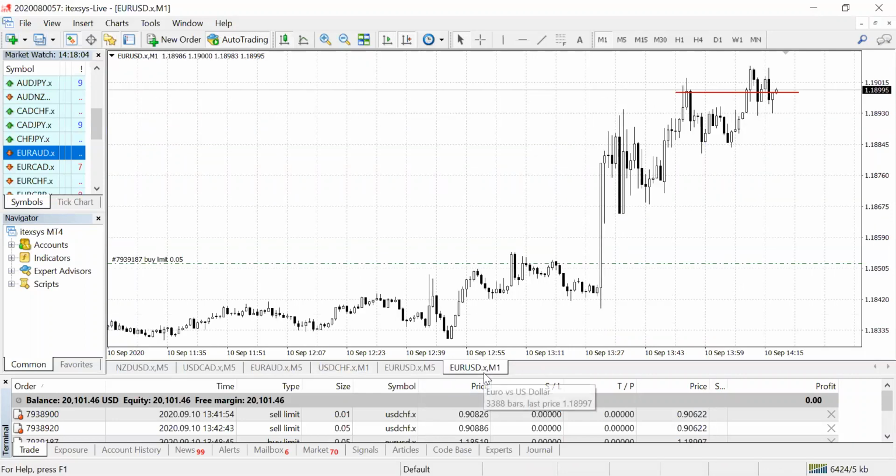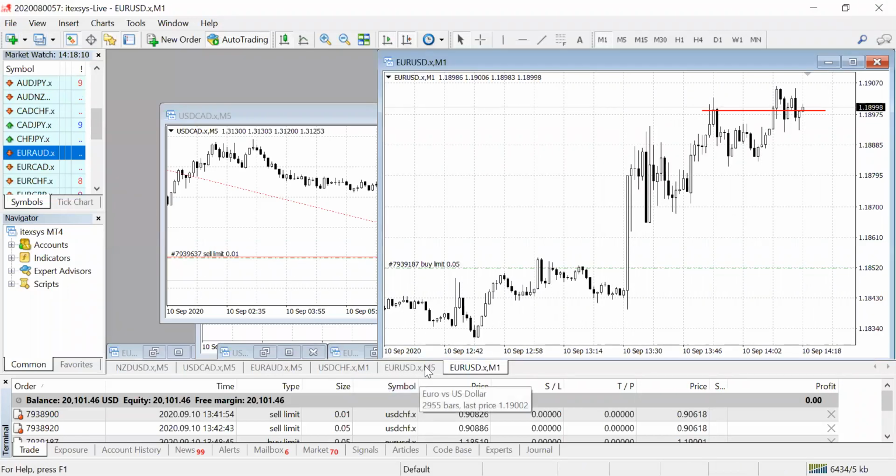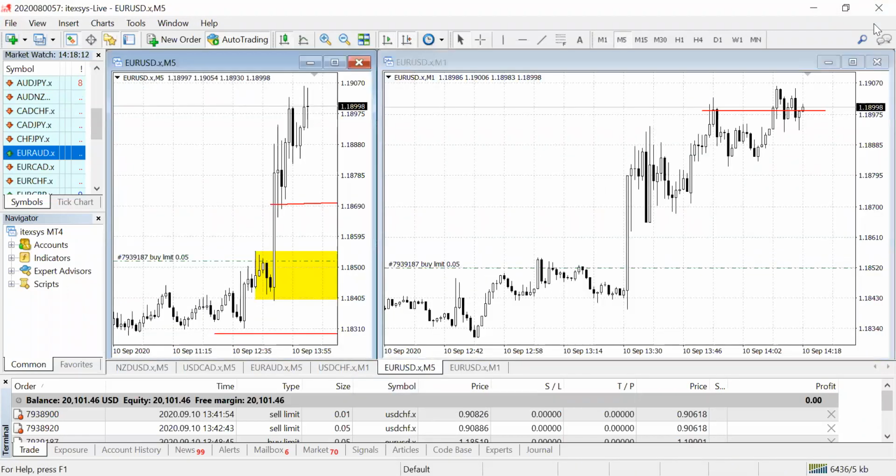What's going on with the Euro USD? Okay, Euro USD. Okay, look, it's doing what we thought it would do. We had a breakout right here, pullback, first return to that area, and now rejection or ranging consolidation.